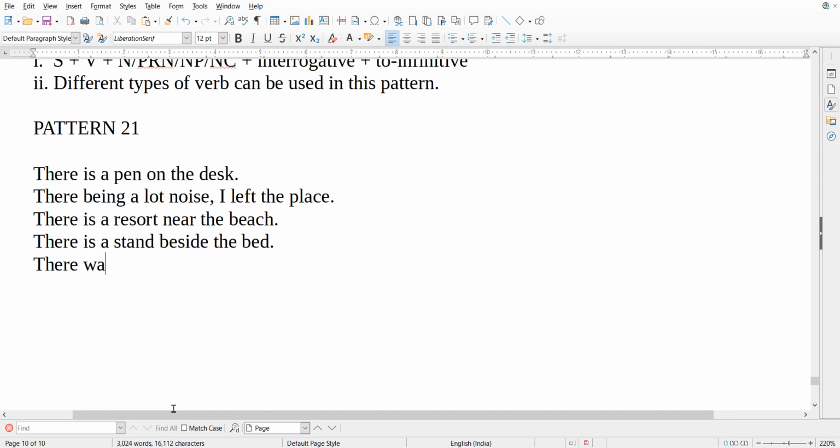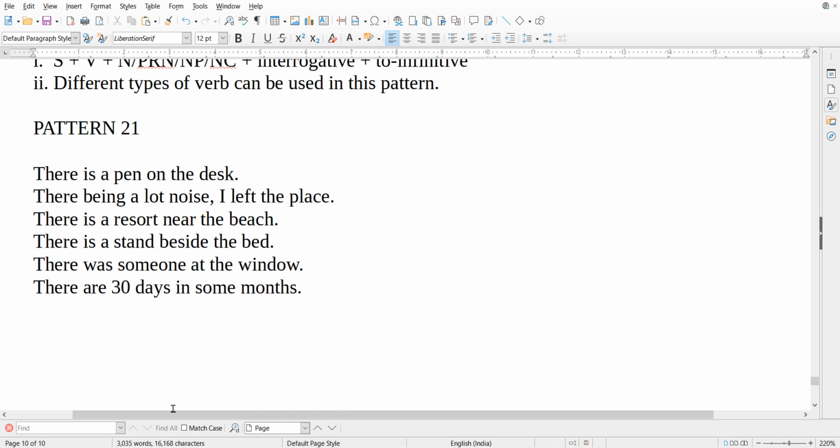There was someone at the window, maybe, standing in front of the window. There are 30 days in some months, for example.